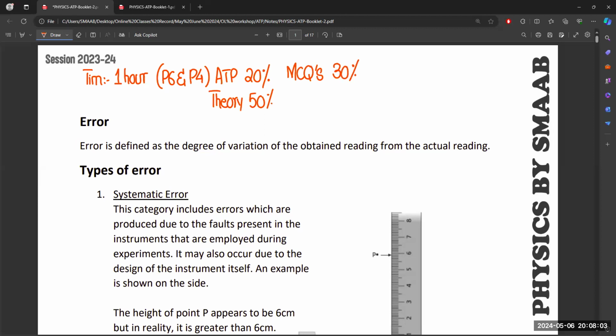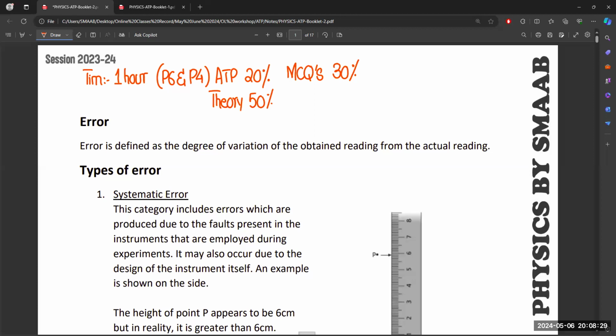And in ATP, there are specific topics, like those experiments that we can perform in labs or school labs easily. So those topics are included in ATP also because we are not taking the practical exams. So that's why we opt for this option of ATP. So the same pattern of questions is included in ATP also.